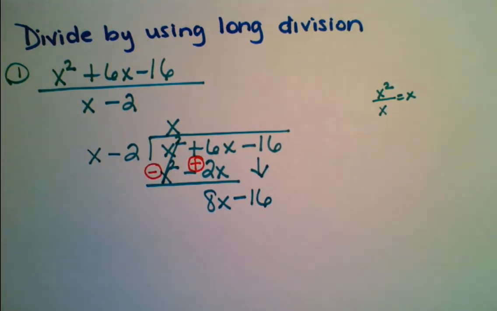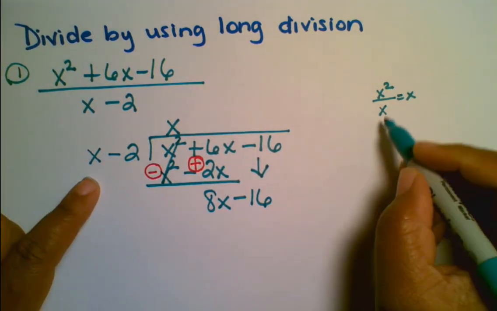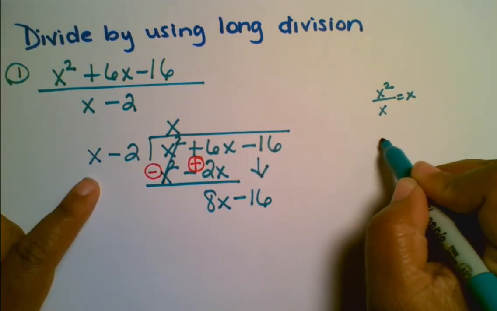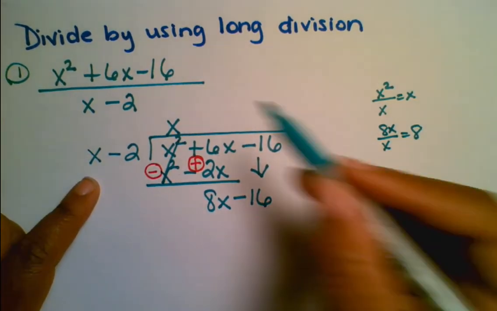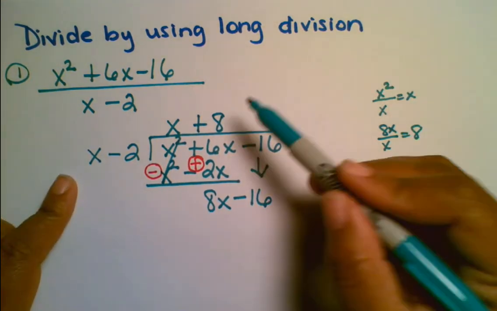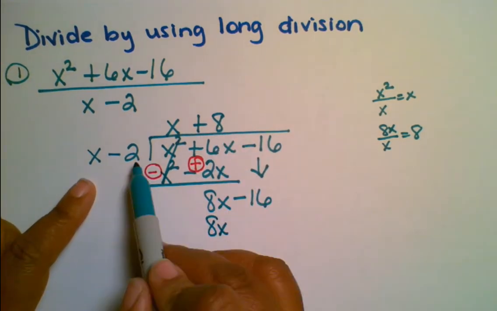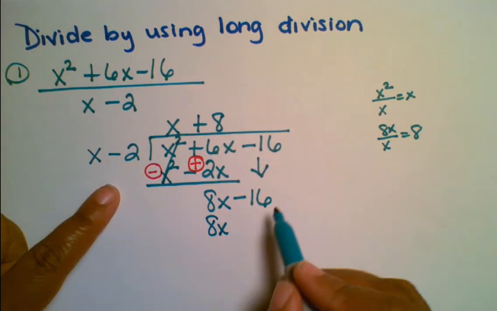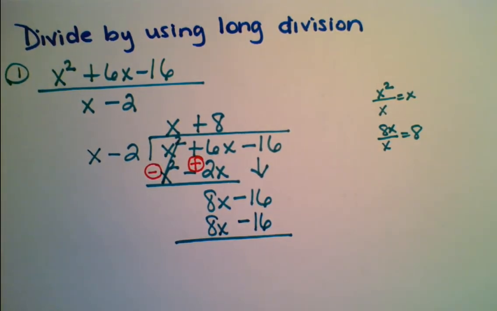Now, we're not finished with this particular question because we need to see if x can divide into 8x. We need to finish the quotient. x divides into 8x 8 times. So we put plus 8. That's your divide. Then we multiply 8 times x, we have 8x. Then 8 times minus 2, we would say negative 16. We multiplied, now we're going to subtract.